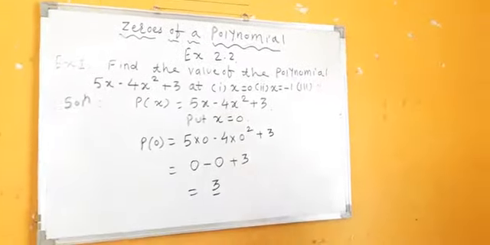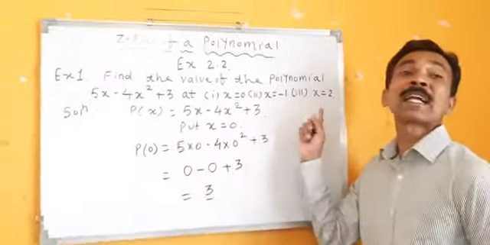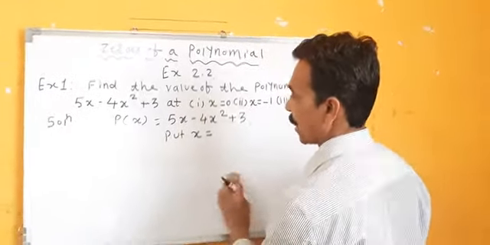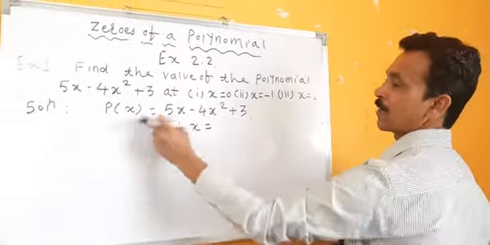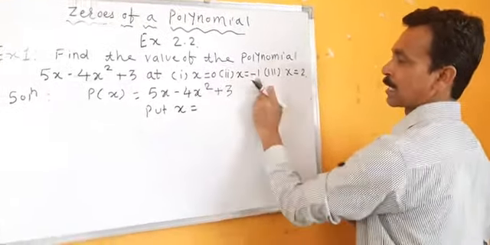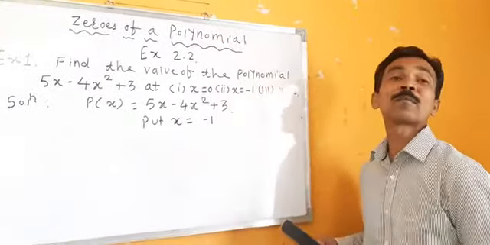Now I'll put the same p of x. Values of x are different. In the second part, p of x is equal to 5x minus 4x square plus 3. What is the value of x in the second bit? Minus 1. Now we have to take minus 1.